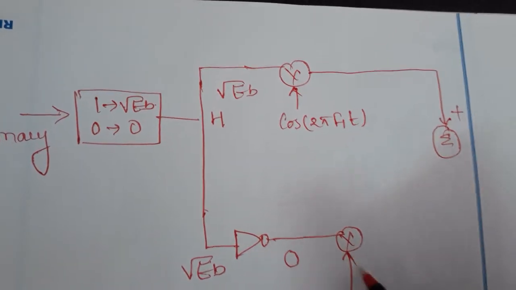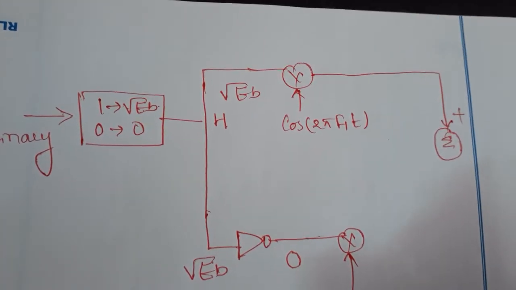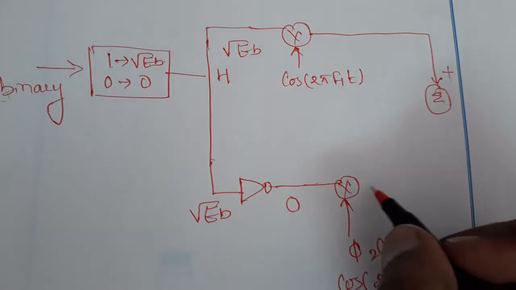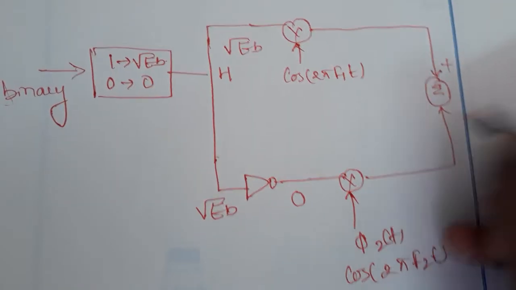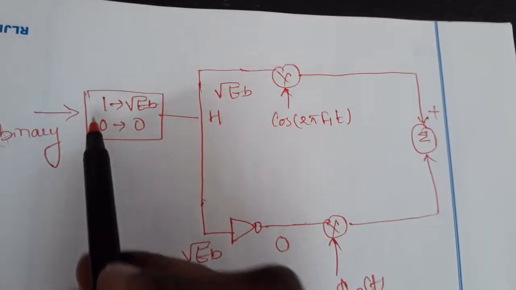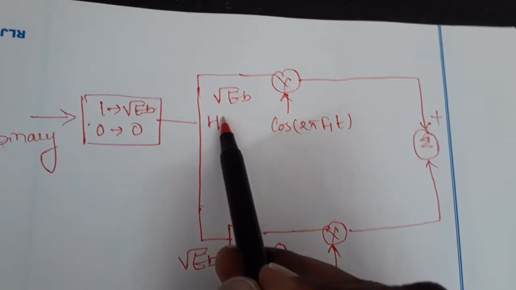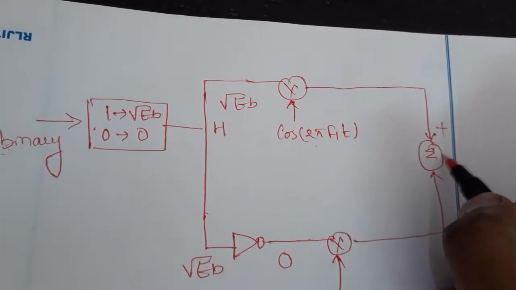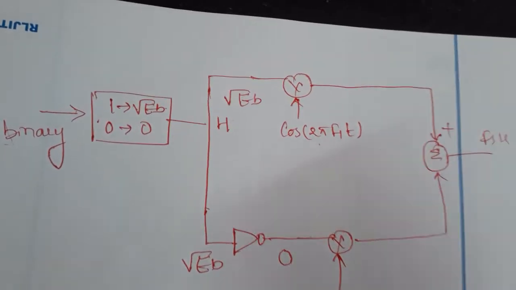Here it is phi 2 of t, that is cos 2 pi f2t. Now overall you please observe, when input is high, root EB, root EB into this, and you get the output here, FSK output.